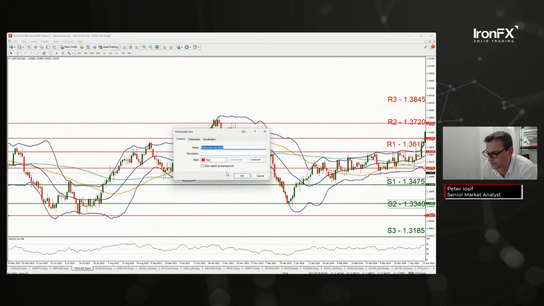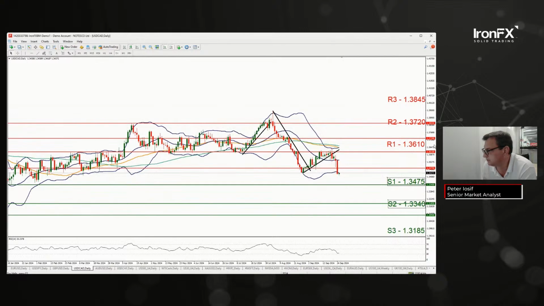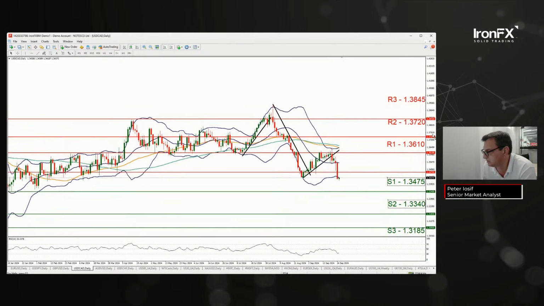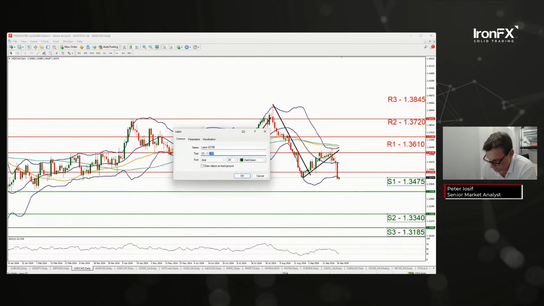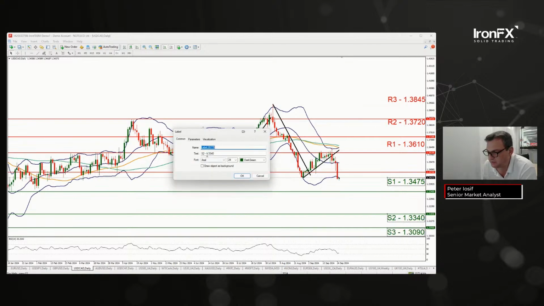We have a nice show here. And I'm resting my support line on that. And we're talking about 1.309. Locking it up. Readjusting. Let's correct the labels. Starting with the S3 now being placed at 1.3090. The S2 at 1.3185.